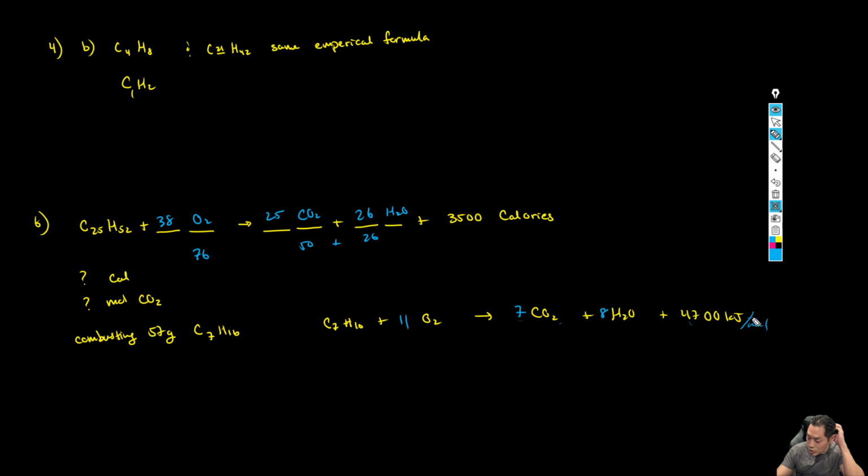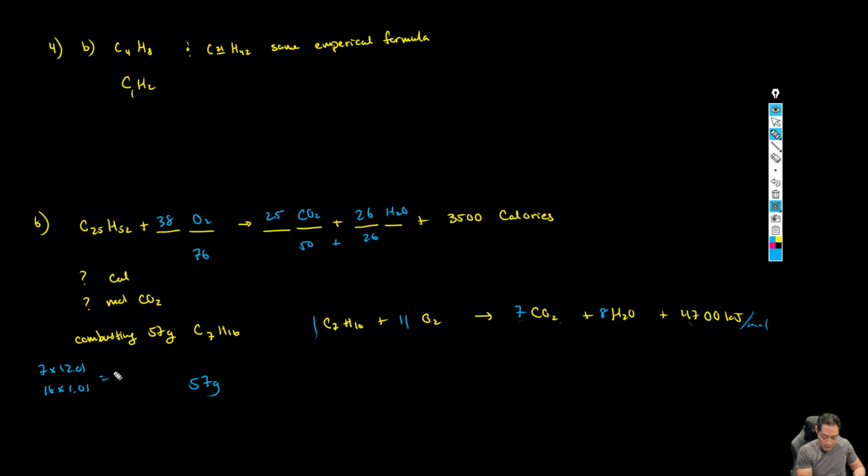So this is 4700 per mole because I have 1 mole right here. Now I'm going to figure out how many of this. So if I have 57 grams, I need to find the molar mass. So 7 times 12.01, 16 times 1.01, and let me figure out my molar mass.